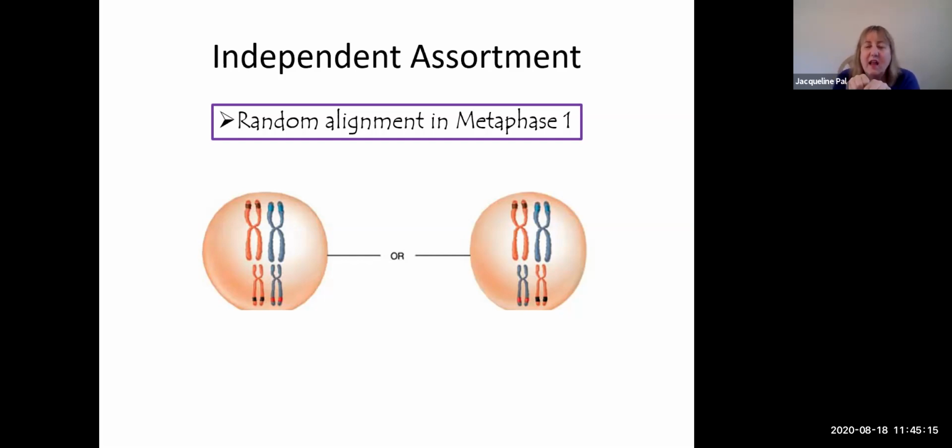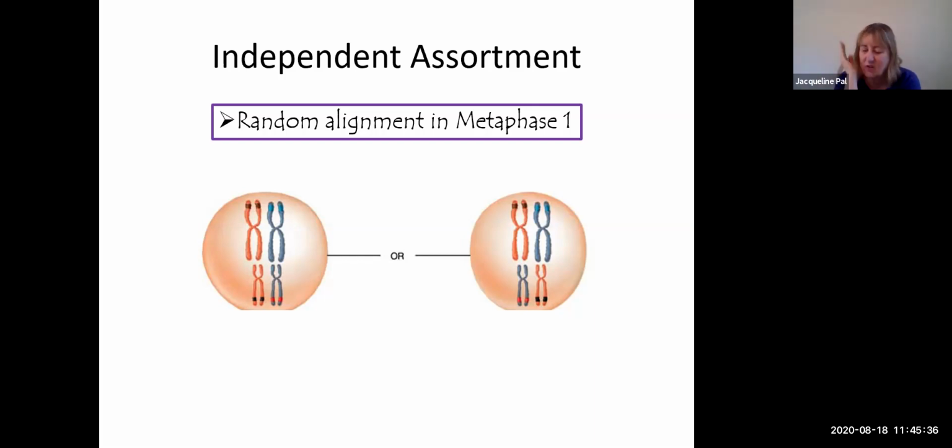So when they line up in tetrads, we could have a mom chromosome over here and a dad one over there, or we could put the mom one over here and the dad one over there. And we can do that for all of our pairs of chromosomes. And so this is a random lining up, or what's called independent assortment.